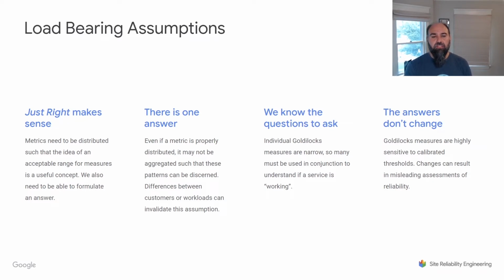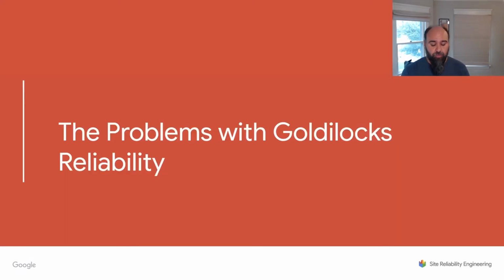These measures are really, really sensitive to these calibrated thresholds being chosen properly. And when they're not, this basically causes noise in your analytics, and you end up with conclusions that you probably can't trust very much. So how does this really cause us trouble?